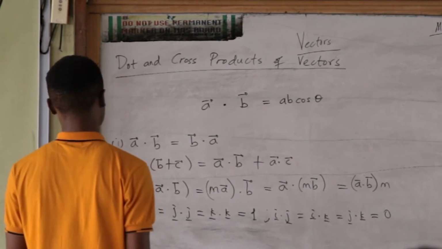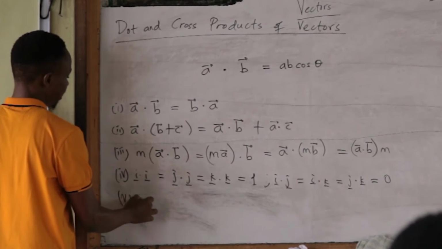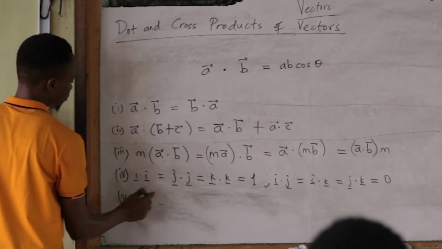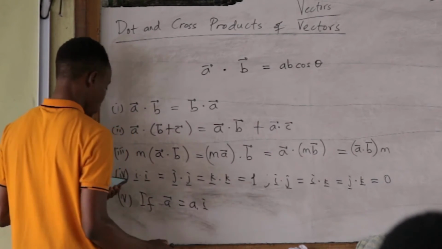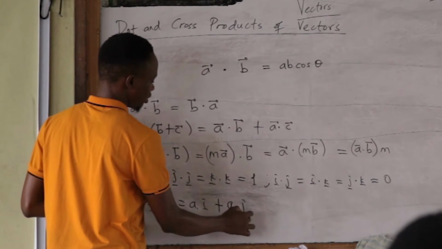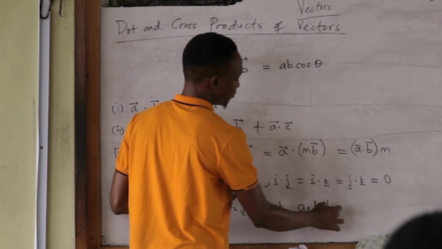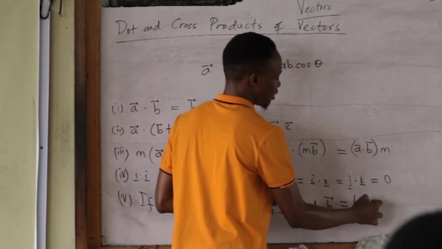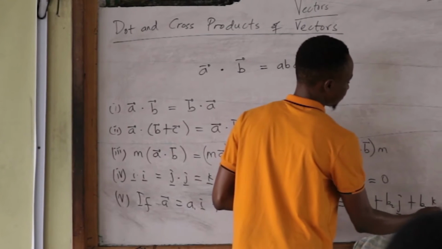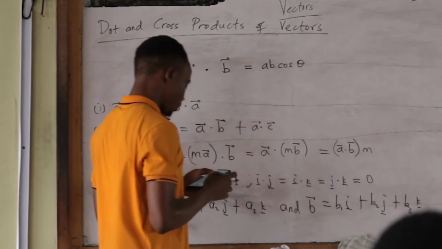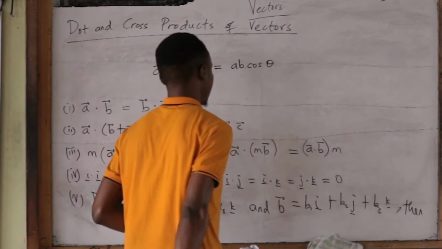And we also say that now if you have these vectors written in component form, if I have vector A written as A1 i plus A2 j plus A3 k, and B is also written in that form as B1 i plus B2 j plus B3 k, then for the dot product, you can write these as follows.